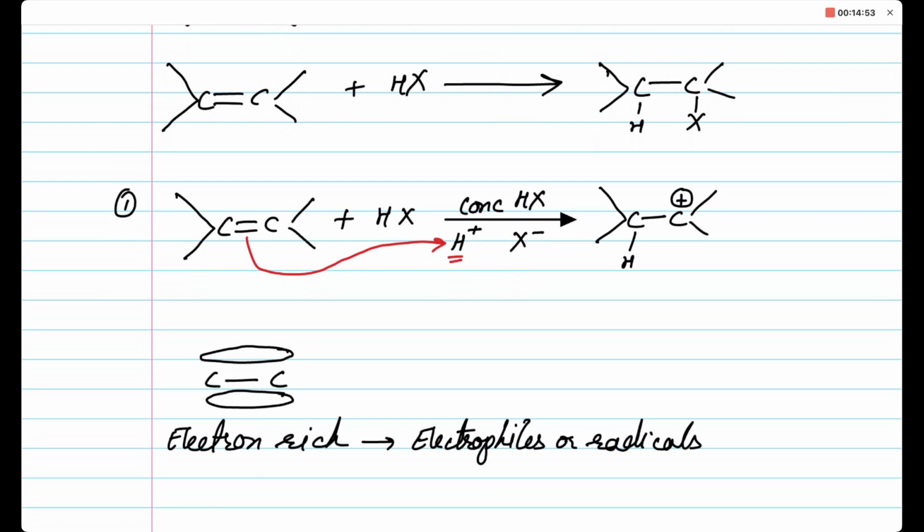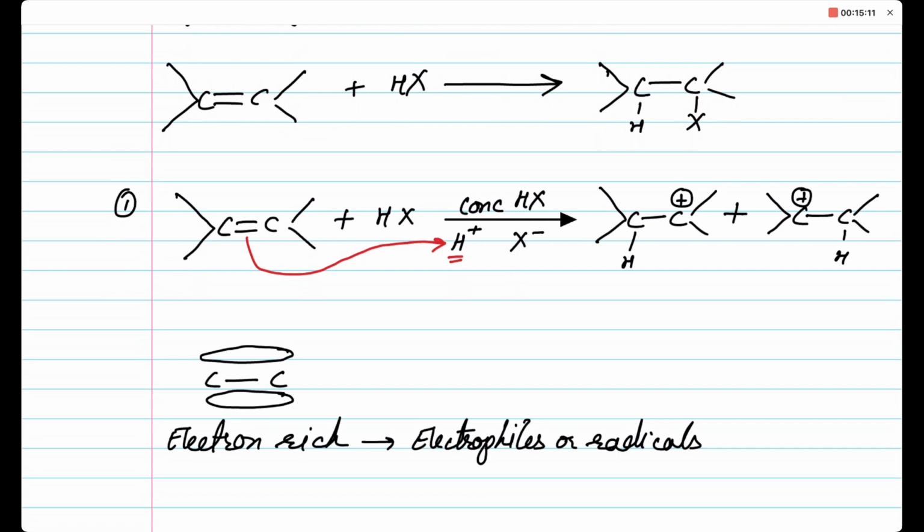Now, it is not necessary that it is going to attack the left carbon. It could be attacking the right carbon as well. Here we don't know whether this particular alkene is a symmetric alkene or an unsymmetric alkene.